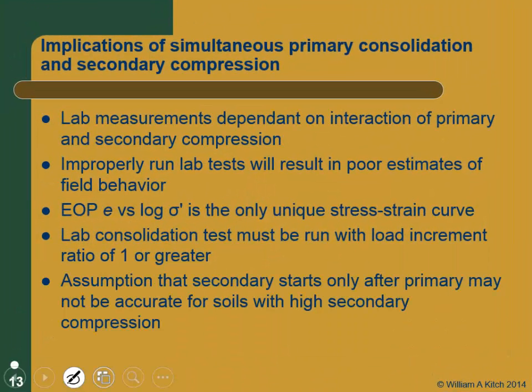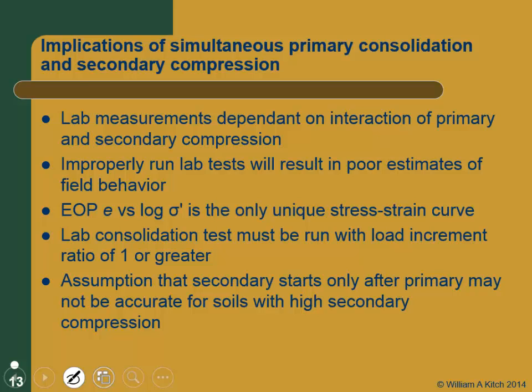And then finally, this assumption that the secondary starts after primary is only accurate for soils that... I'm not sure I said that right. Let me think about this for a minute.